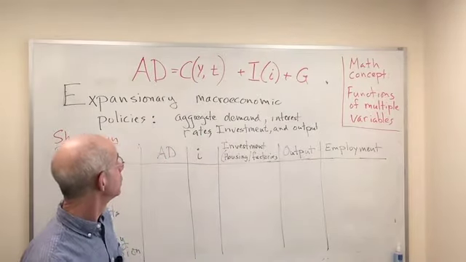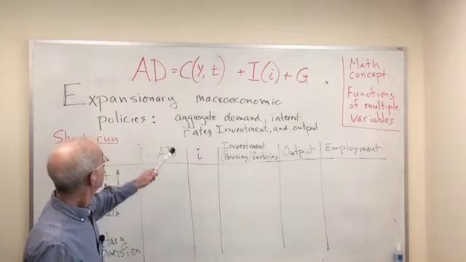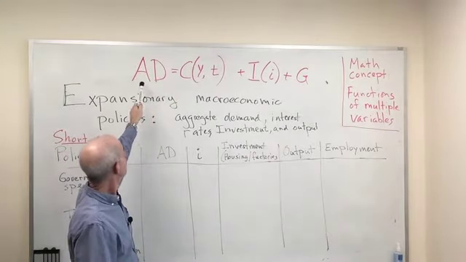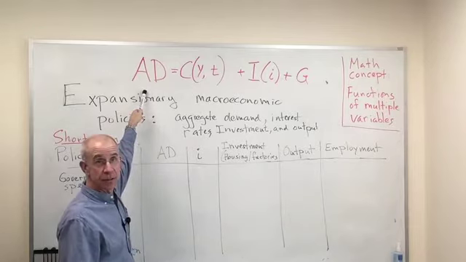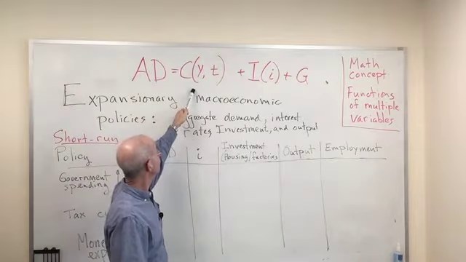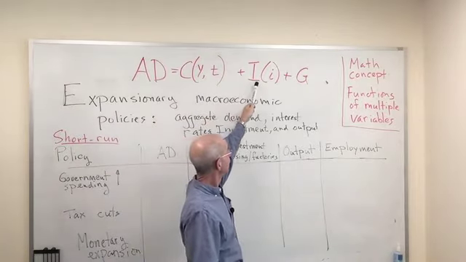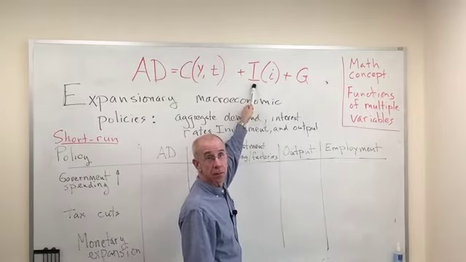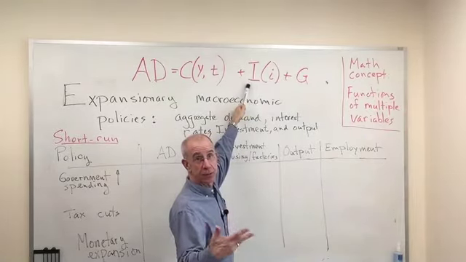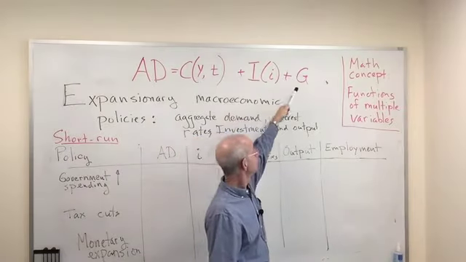And we're going to use as a primary tool this idea of aggregate demand, the total demand for goods and services by consumers, C, by investment, for example, in housing and factories, plus government spending.